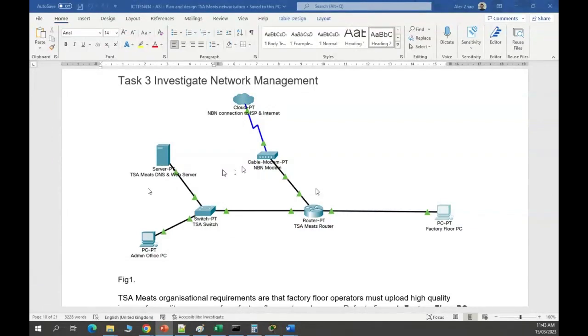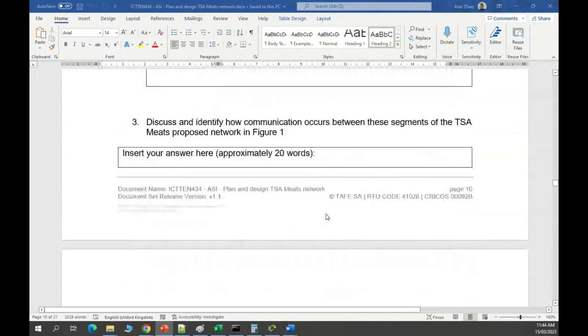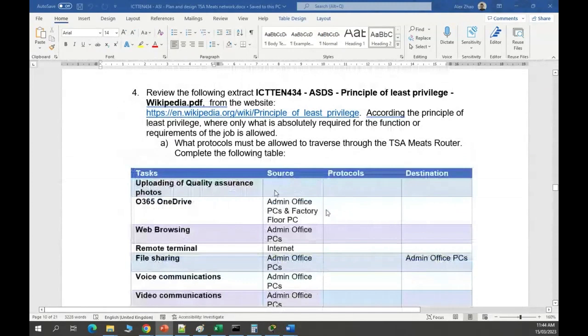Domain name server. That allows us to resolve fully qualified domain names to IP addresses. Does that sound like file uploads? No. Okay. But have you uploaded files to a web server? Yes. So the description here tells you those are the protocols we're using. Therefore, in this communication where we're uploading the quality assurance photos, what is the source?